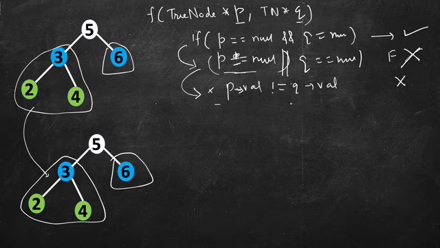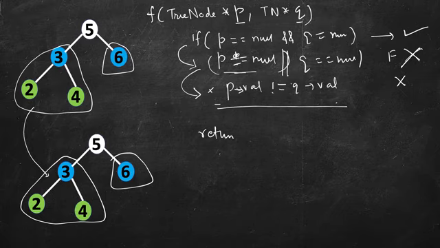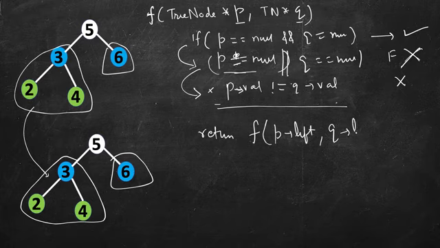So if it's valid till this point, it has not returned from here. That means here it's fine, for the root it's fine. So we return whatever this function is, I am calling it f, return f of p left, q left.